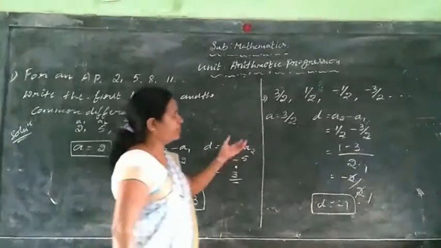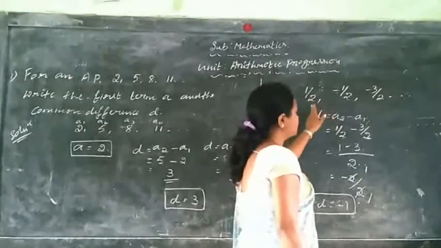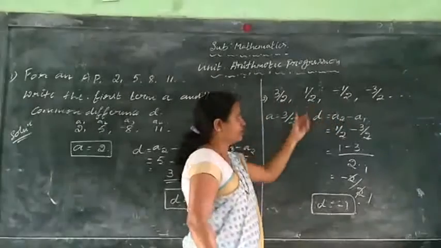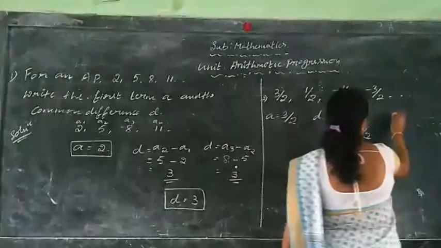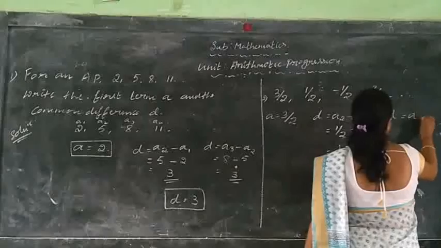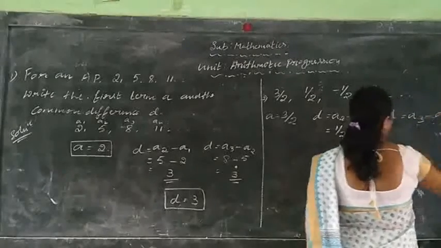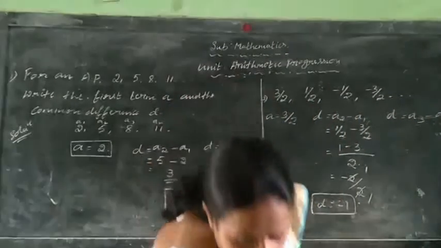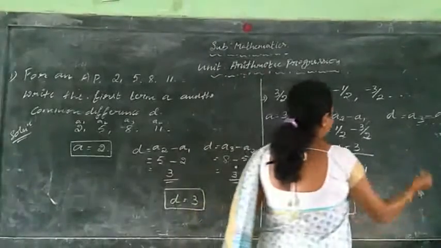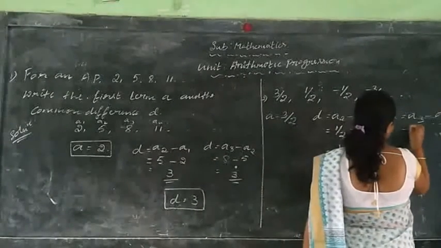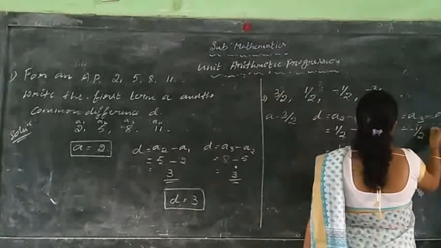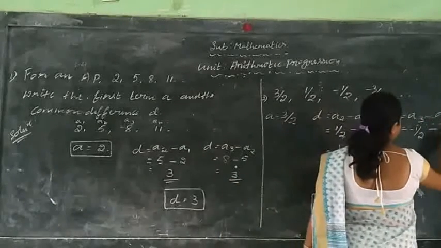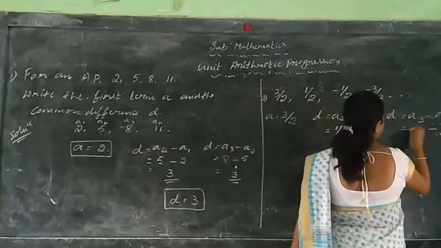In the same way, we can go for the third and second term and also the fourth and second term. We will go for the third and second, children. Once, for a cross check, A3 minus A2. What is the value of A3, children? So A3 is minus 1 by 2, and A2 is 1 by 2, isn't it?